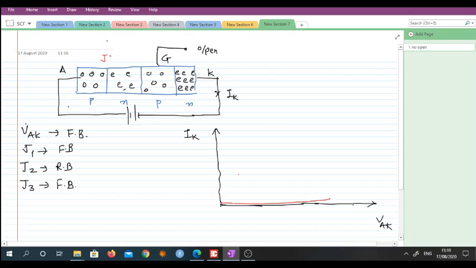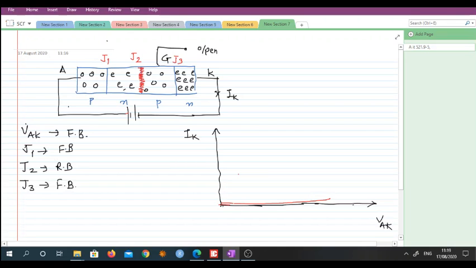Because junction J1 is forward bias, junction J2 is reverse bias, and junction J3 is forward bias, and therefore there is a depletion wall in between, and there will be no chance for current to flow through the device. This junction is forward bias, therefore holes will try to move here. There will be a movement of charge carriers inside junction J1, but there will be no movement of charge carriers inside junction layer J2, and therefore there will not be majority carrier flow, only minority carrier flow, or it is a leakage current.